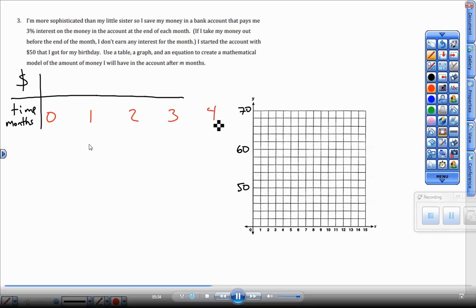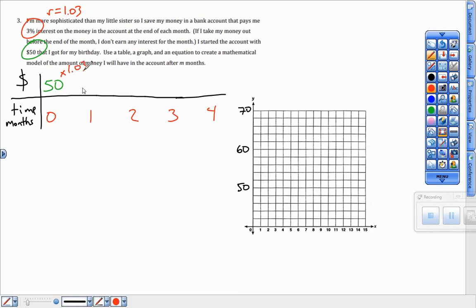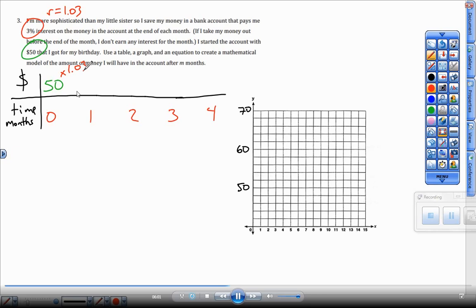Or 0 through 4. The zero term is that $50 that she's starting with in her account. So 50 will go right here. And then this is one of those interest problems. So I'm timesing by this interest rate added to 1. So 1.03. 50 times 1.03, which gives me 51.5.